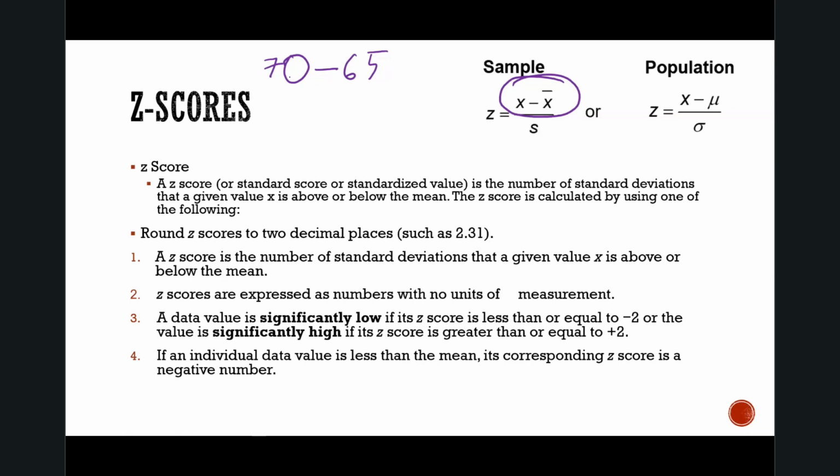We will show you how to calculate them. This formula is pretty straightforward. Depending on whether you're comparing to a sample or population, it's just the measurement minus the mean, divided by the standard deviation.